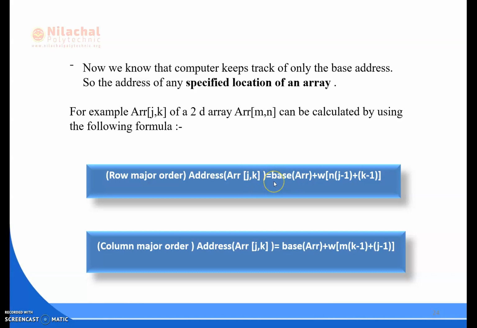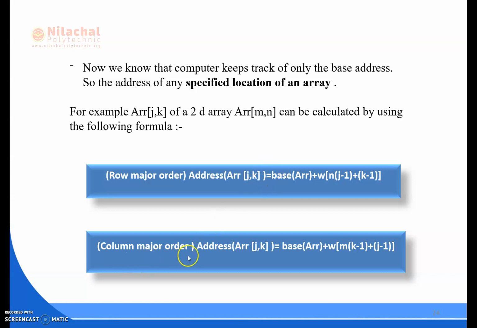We can find its memory location by the formula base address of the array plus W into n, where n is the total number of rows, multiplied by j minus 1 plus k minus 1. So j and k are the row and column here.